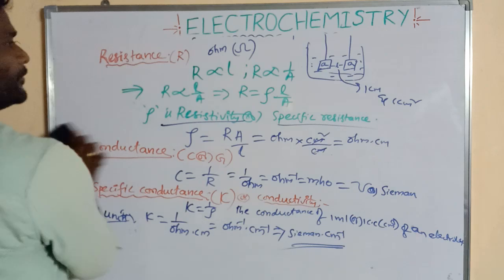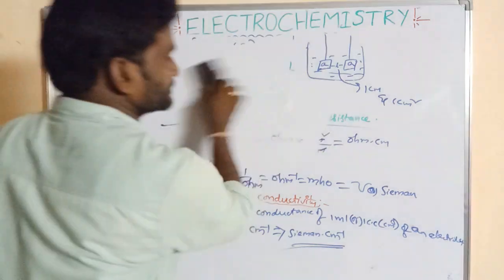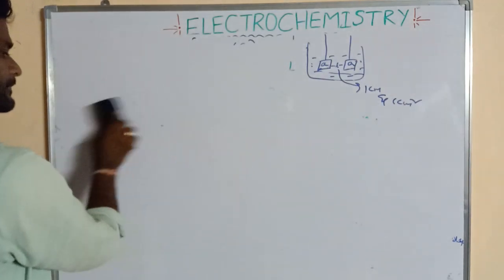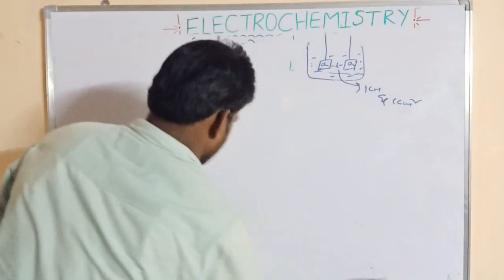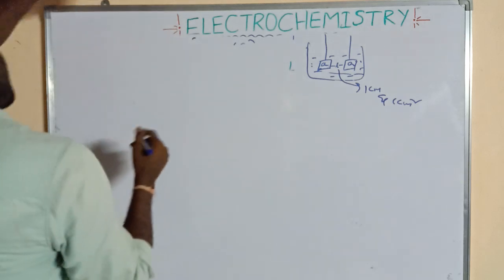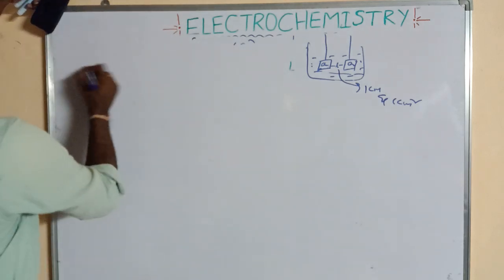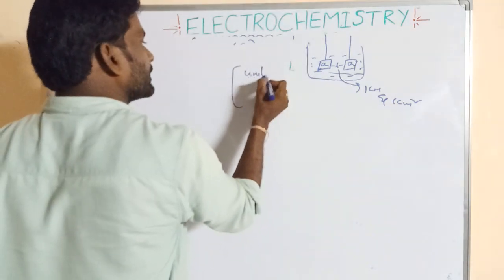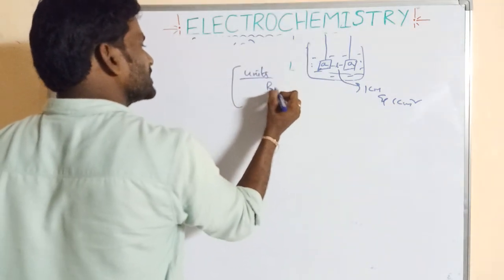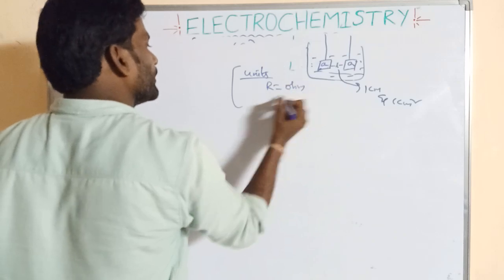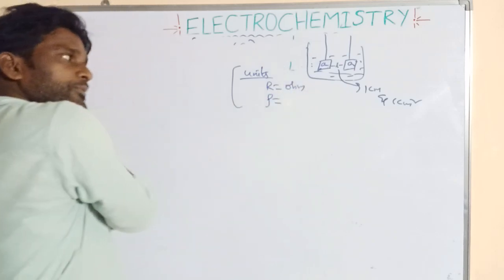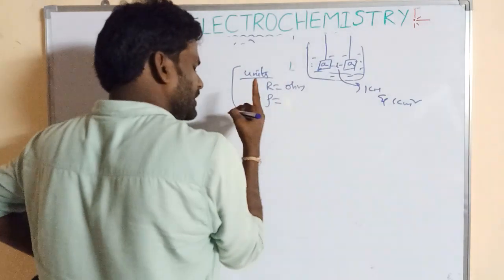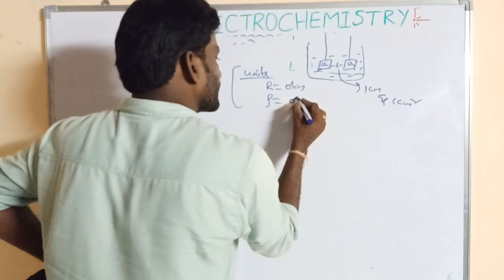Now what are the units of R? R is in ohm, rho is equal to RA by L, in ohm centimeter.